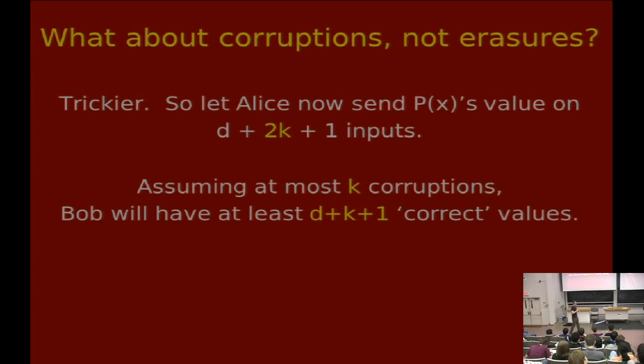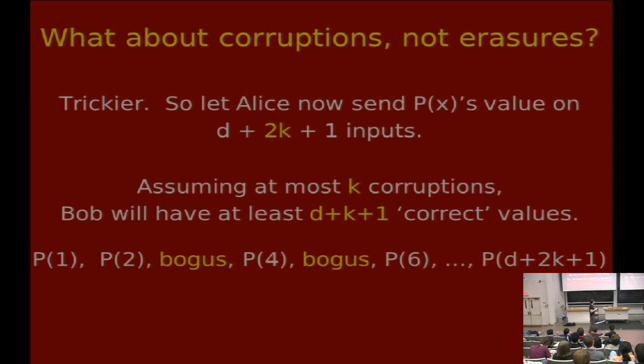Okay, so let's talk through why this will work and Bob will still be able to recover the message. We're assuming that the channel can corrupt, noisify, change k symbols, let's say bytes. So Bob will still have at least d plus k plus 1 correct values of the polynomial.